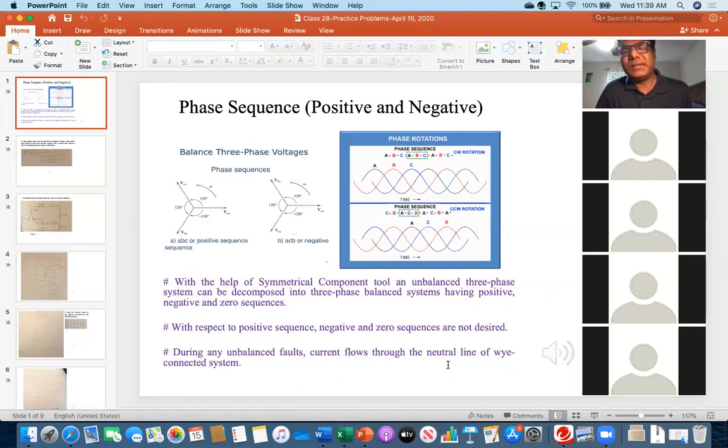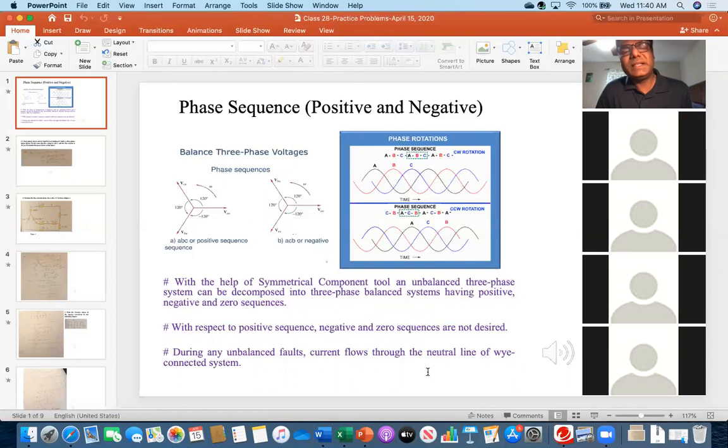So consequently, the neutral will be overloaded, overburdened, and not only that, the system might be connected to other systems. For example, you have a three-phase system and there is another three-phase system nearby, and again another. All three-phase systems have the neutral line, provided that those are Y connected.